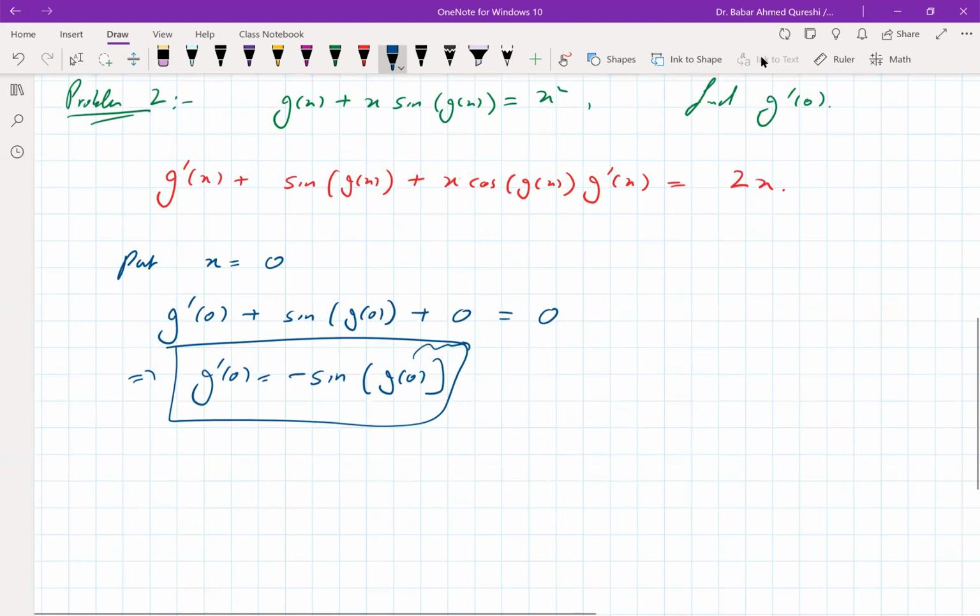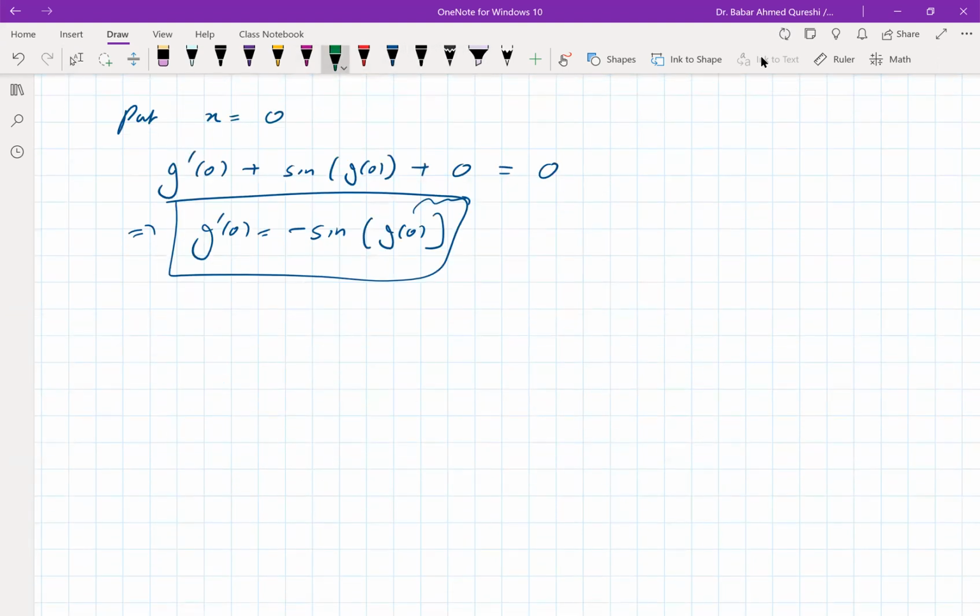Let's take this one. You're given this, and you want to find dy by dx. So I'll call it again as y dash.